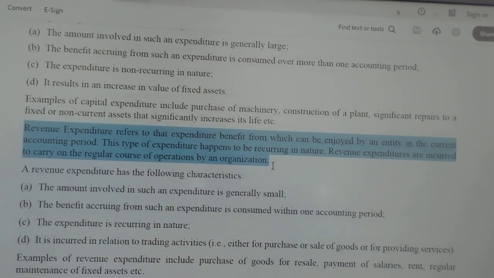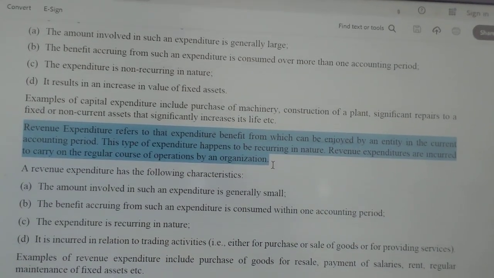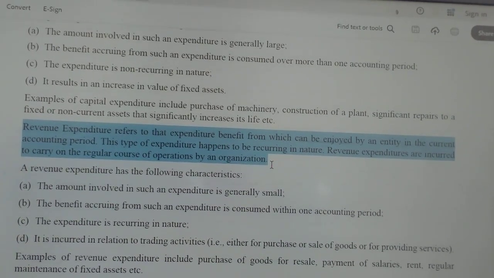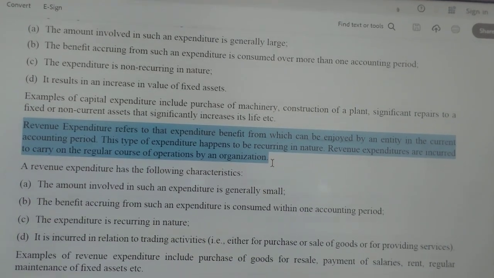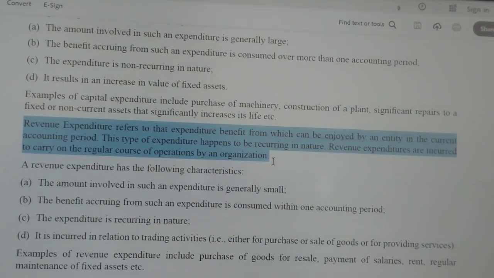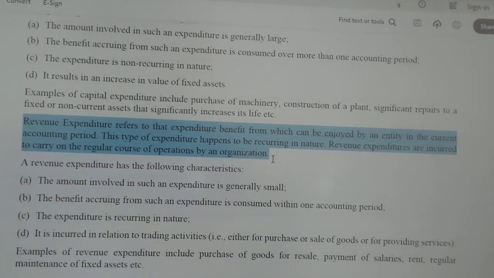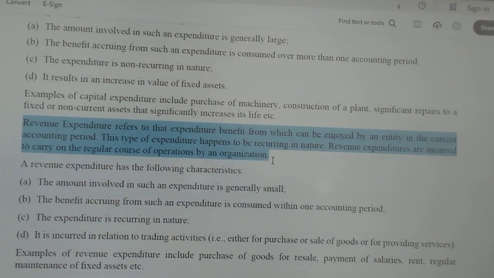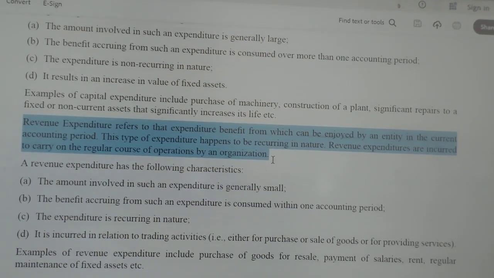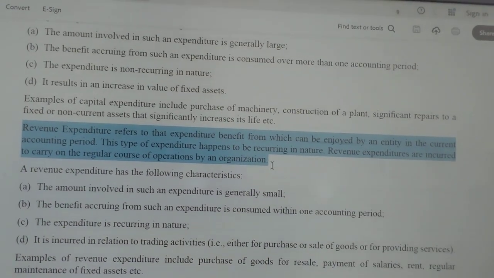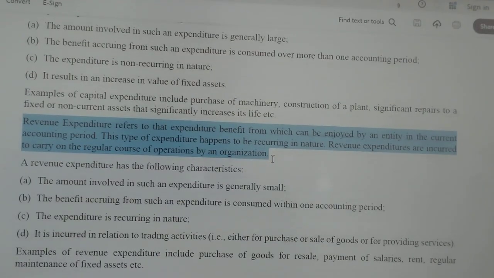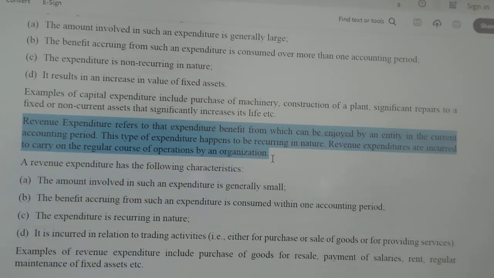Revenue expenditure is incurred to carry on the regular course of operations of the organization. Simply put, anything other than capital expenditure is revenue expenditure. It is incurred on a regular basis, like purchasing goods, purchasing consultancy services, and salary payments to employees. These are examples of revenue expenditure, incurred day to day to run the organization.